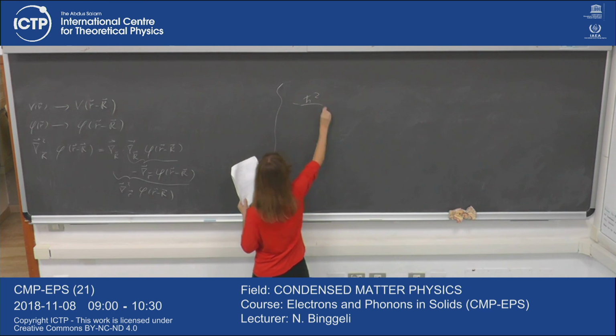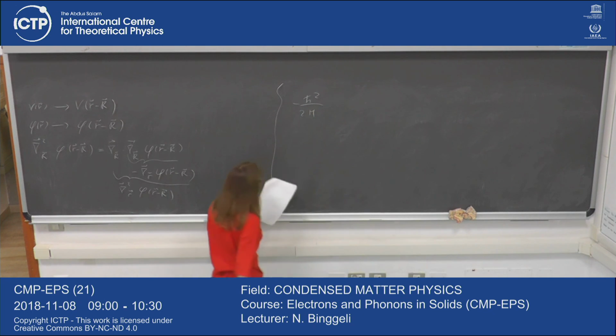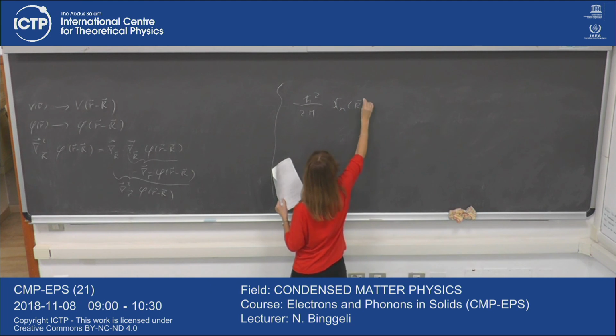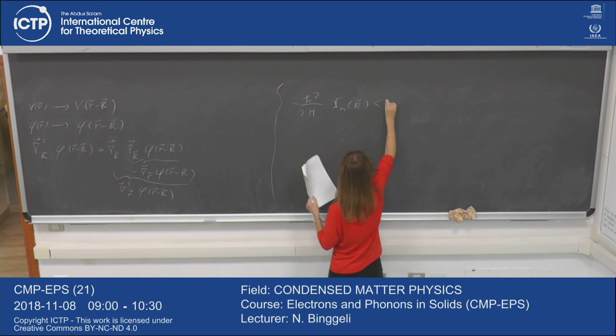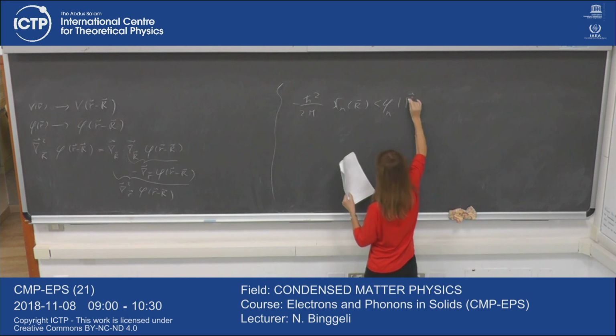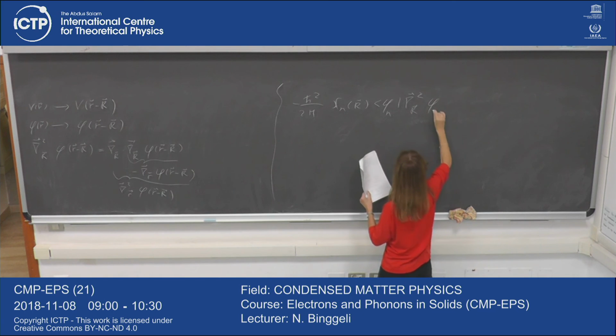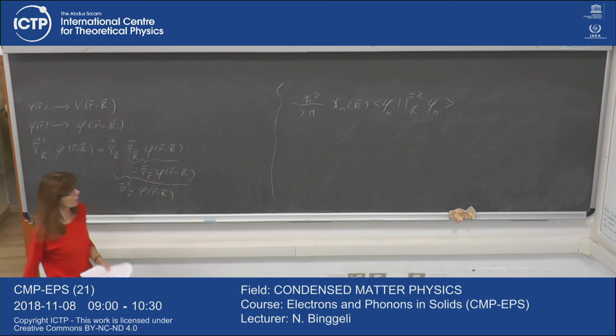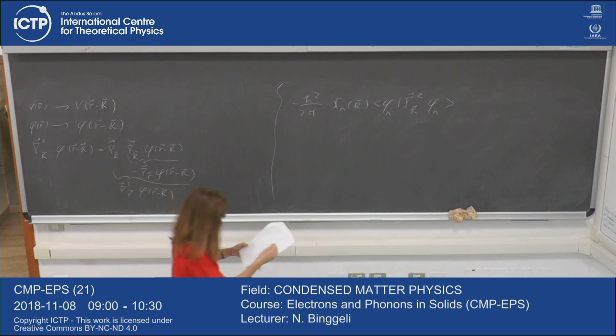So we had something like h bar squared over 2 times the mass of the nucleus, Cn of R, times this type of matrix element for the non-adiabatic term. And here I focus on the diagonal one. So I want to evaluate this.